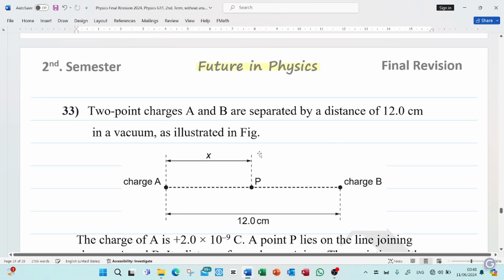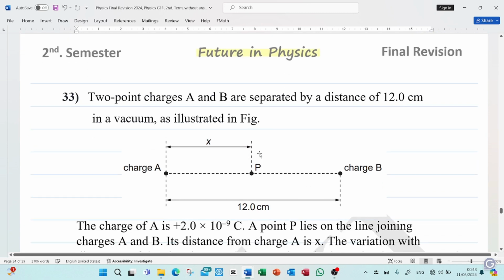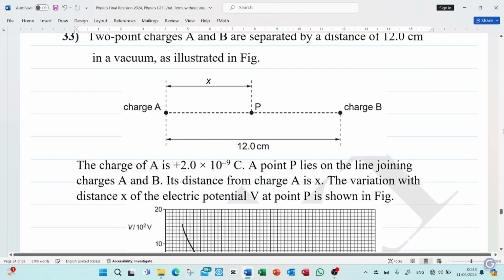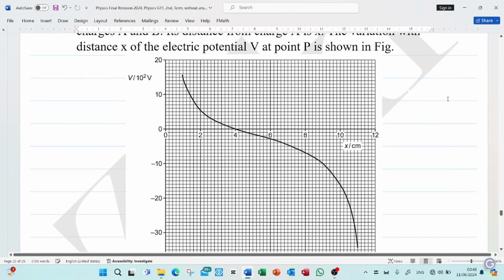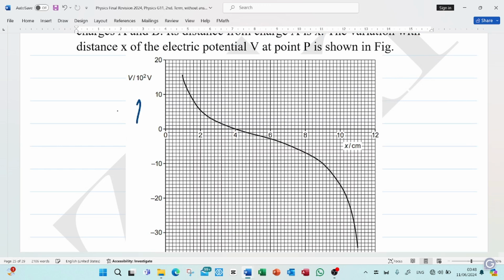Next question. Two point charges A and B are separated by 12 centimeter. Charge at A is given, and point B lies on the line joining the charges. If the distance from B to A is x, the variation of the voltage with distance is shown. Now you can see here the voltage up is positive and the voltage down is negative.